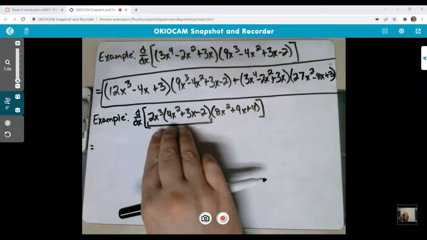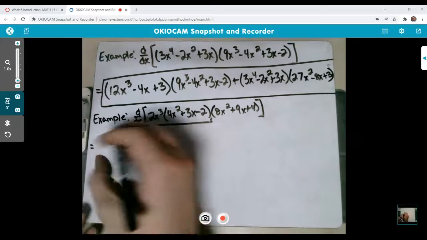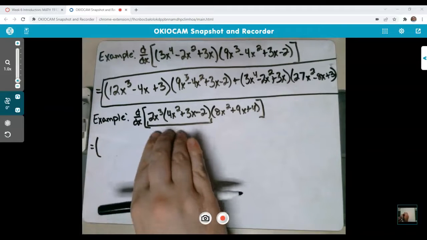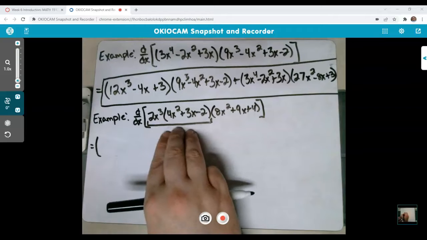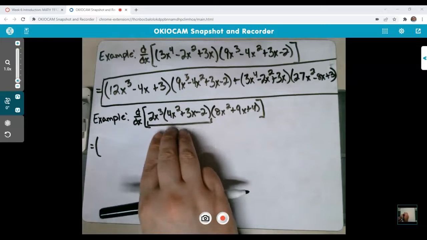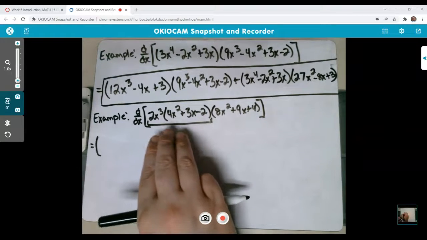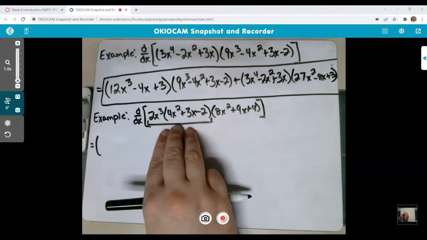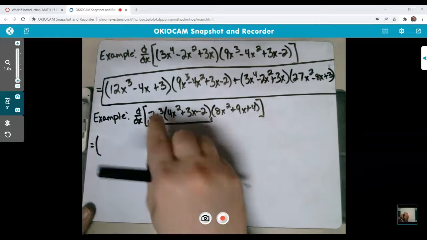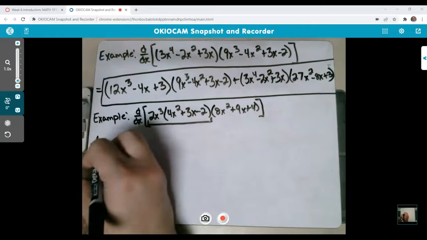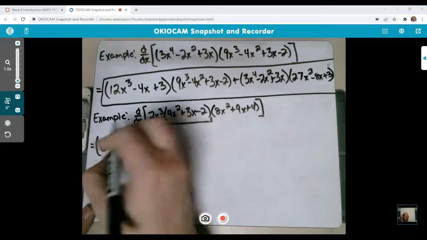So first thing, I find the derivative of this. Well, to find the derivative of this, I have to use the product rule. So I'm going to use the product rule here. Product rule says derivative of the first. Bring my 3 down. 3 times 2 is 6. That makes it 6x squared.